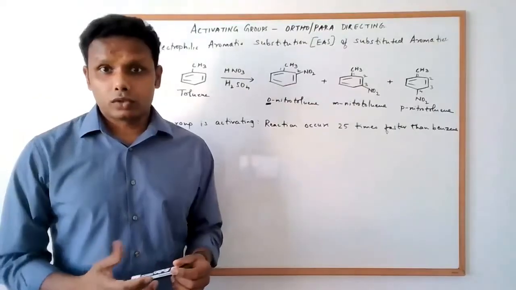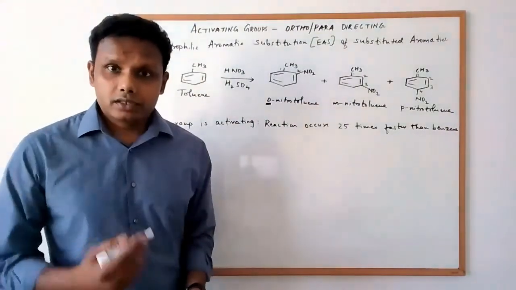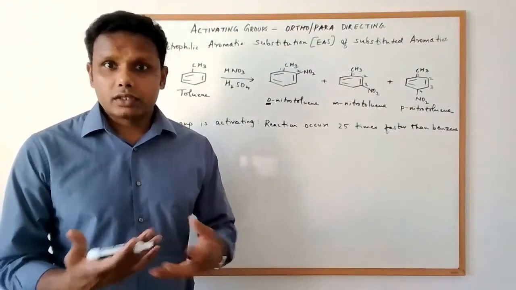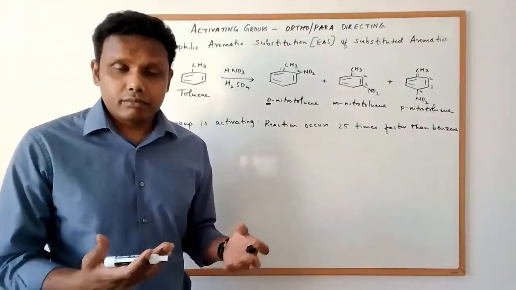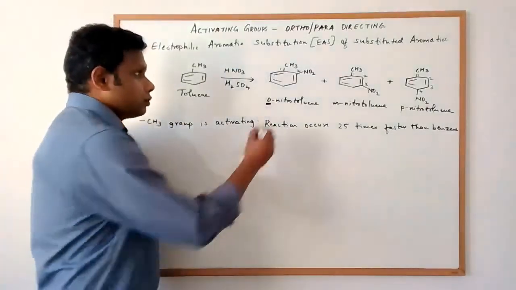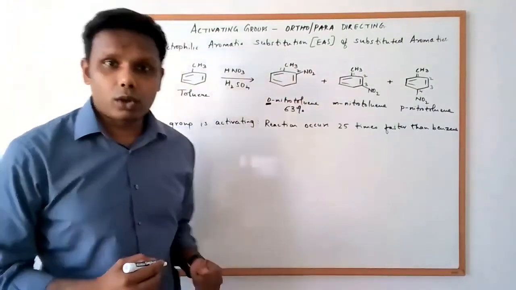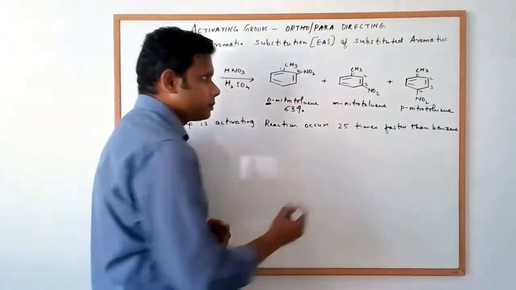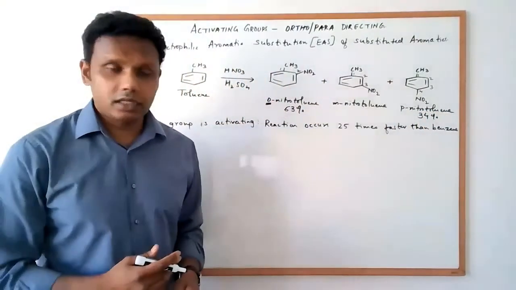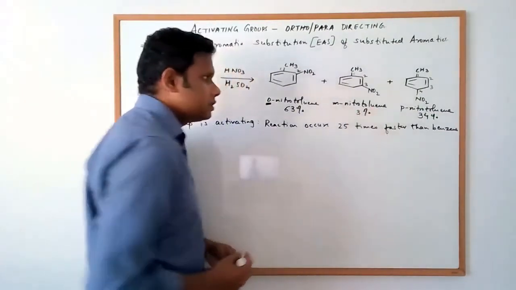So although there are three possible products that can form in this reaction, it turns out that they are not formed in the same amount or in the same ratio, which is expected. But there is a huge difference in what's formed. We get the orthonitrotoluene product in about 63% yield, the paranitrotoluene product in about 34% yield, and the metanitrotoluene in about 3% yield.